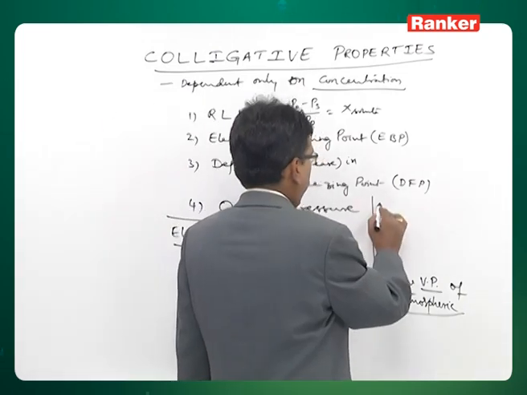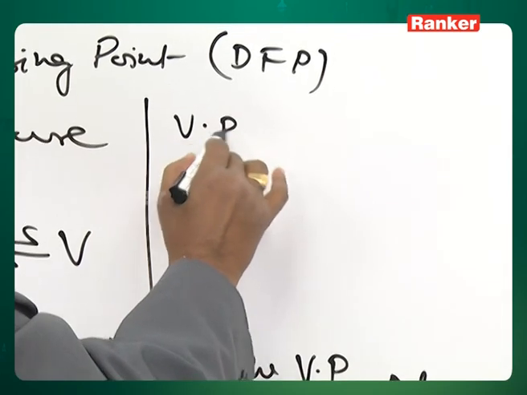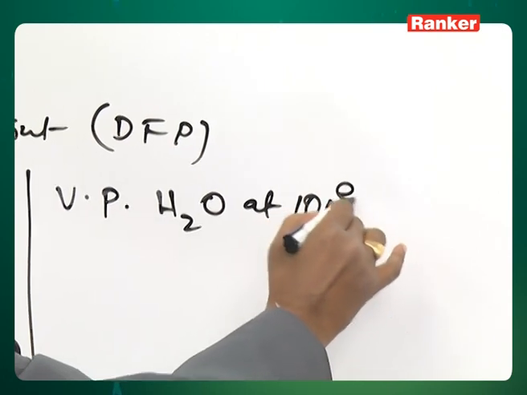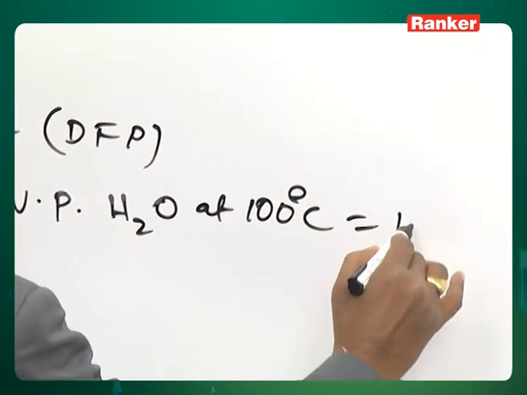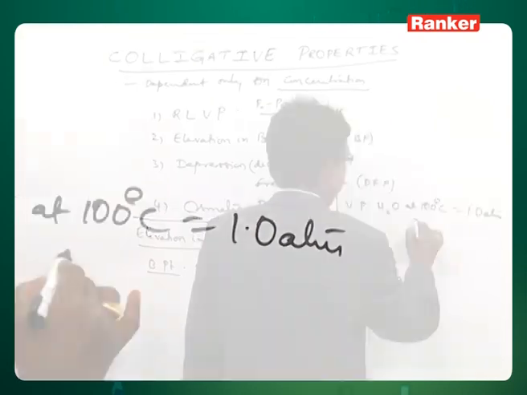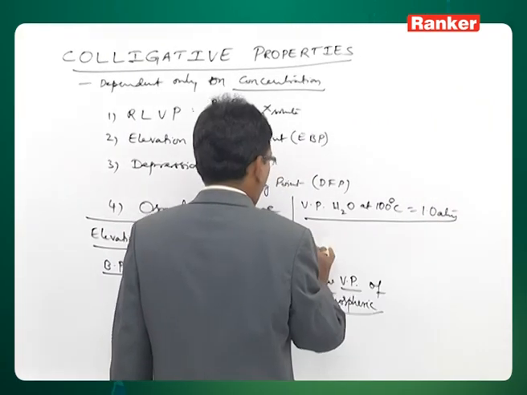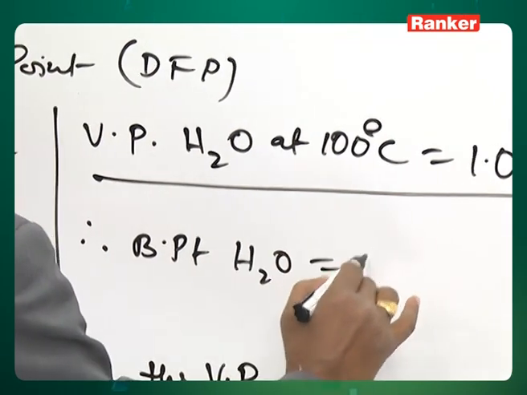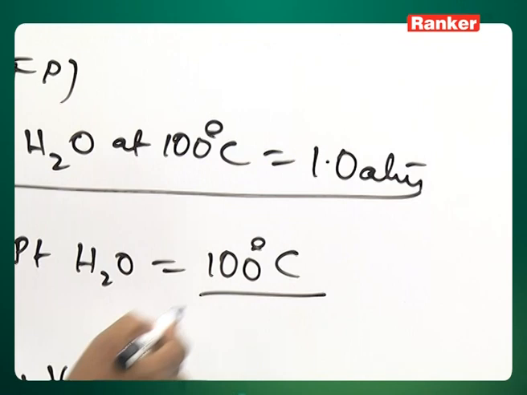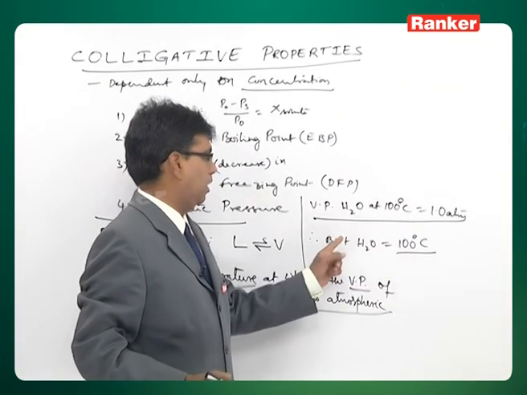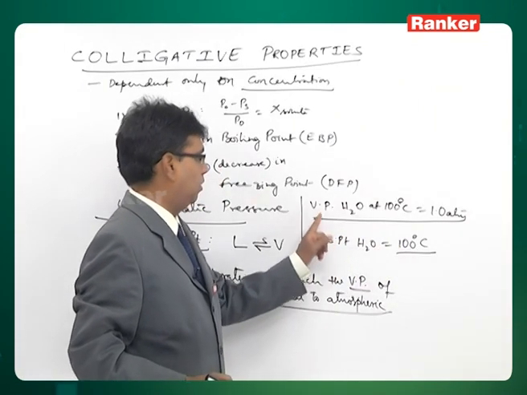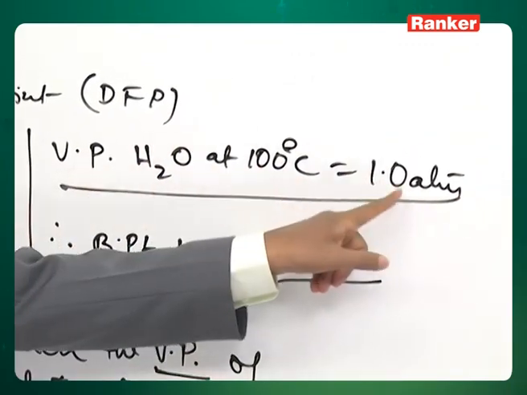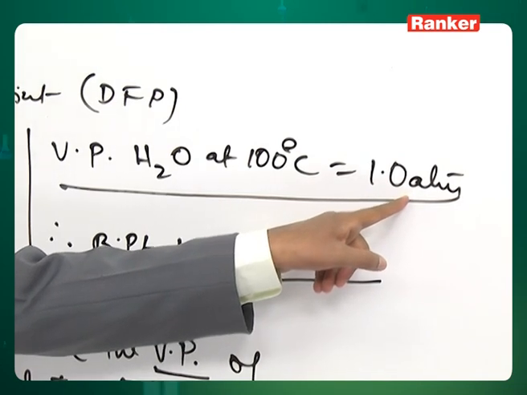I will put it as: the vapor pressure of water at 100 degrees Celsius is equal to 1 atmosphere. Therefore, we can say that the boiling point of water is equal to 100 degrees Celsius. So, the other way of defining boiling point is the temperature at which the vapor pressure of a liquid becomes equal to atmospheric pressure.